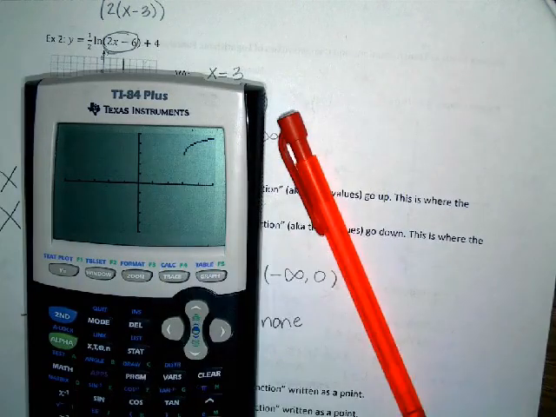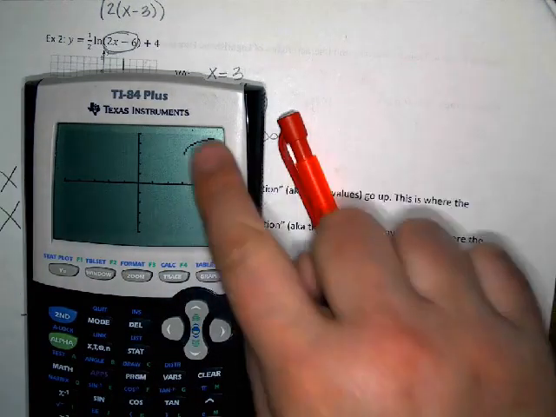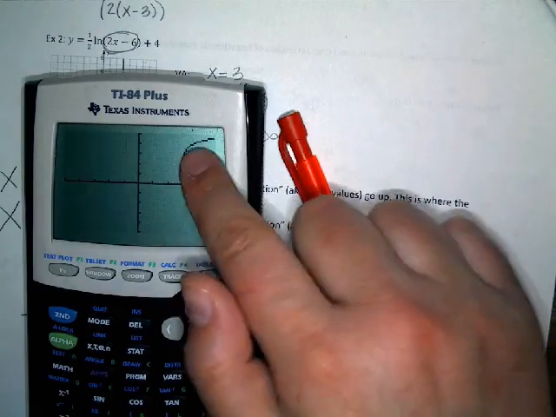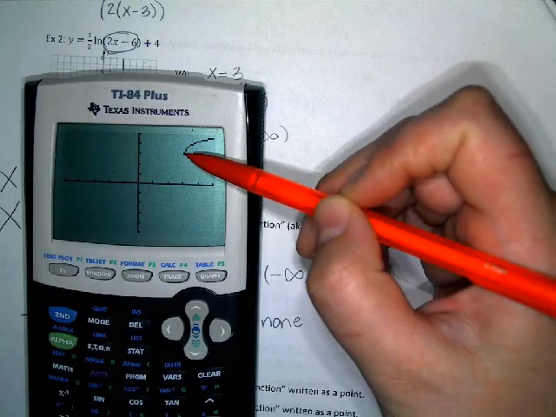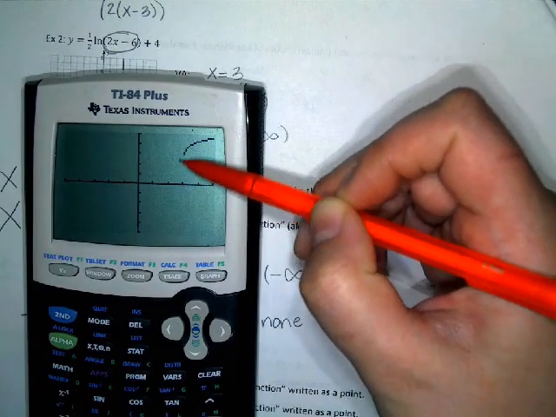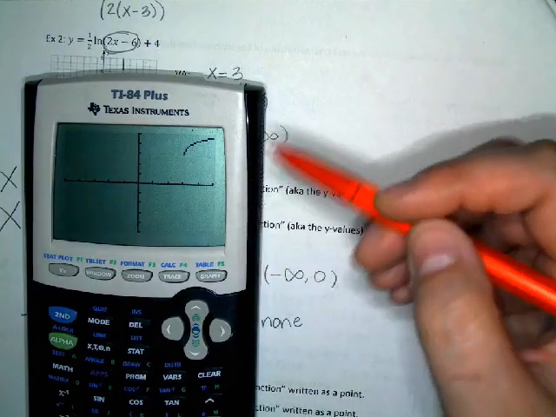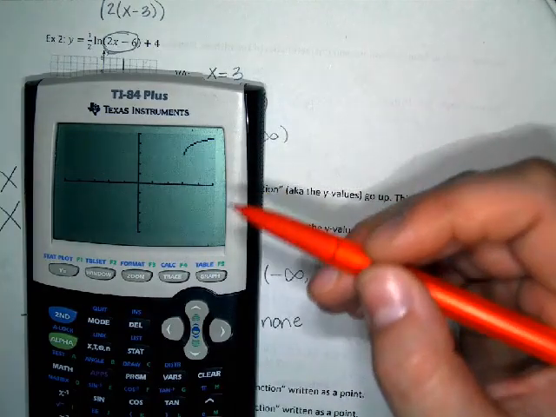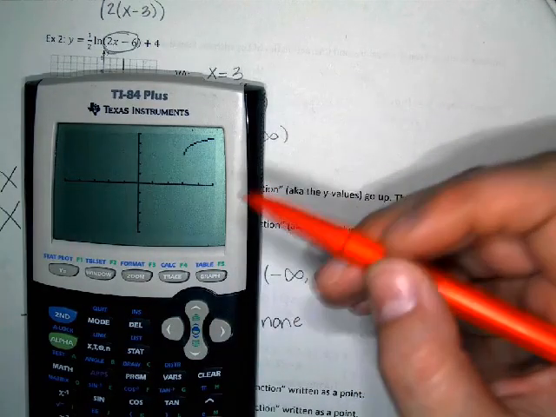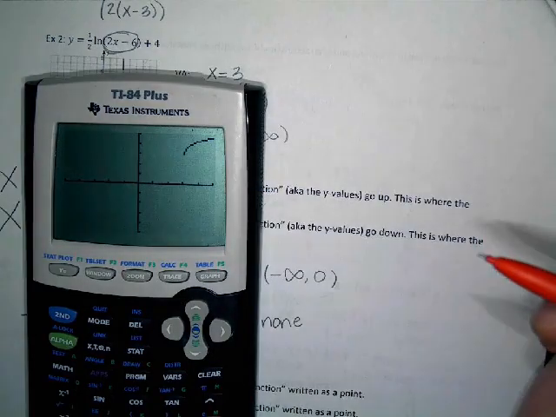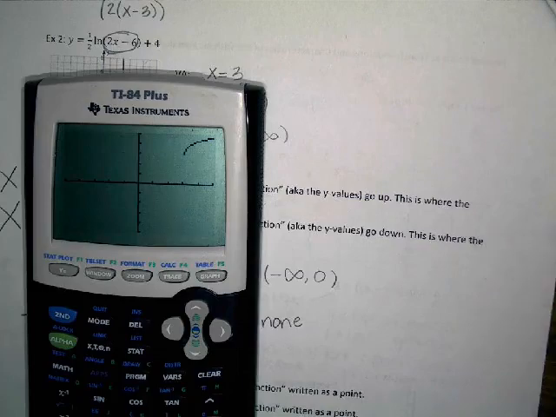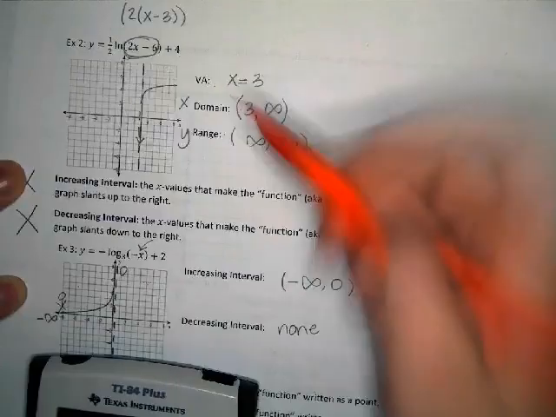But I know that my x-intercept is going to be really close to 3. Does that make sense? How do I know that the x-intercept is going to be close to 3? Because it has the vertical asymptote. If I look at this, it follows along this, and then it crosses the x-axis really close to that vertical asymptote.